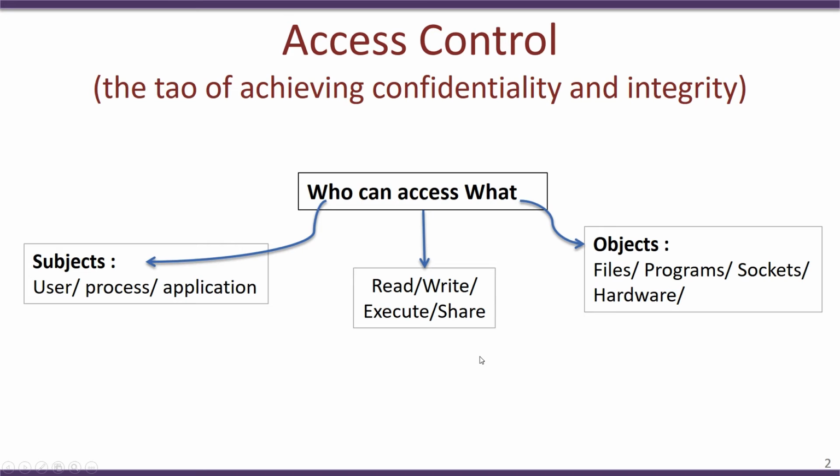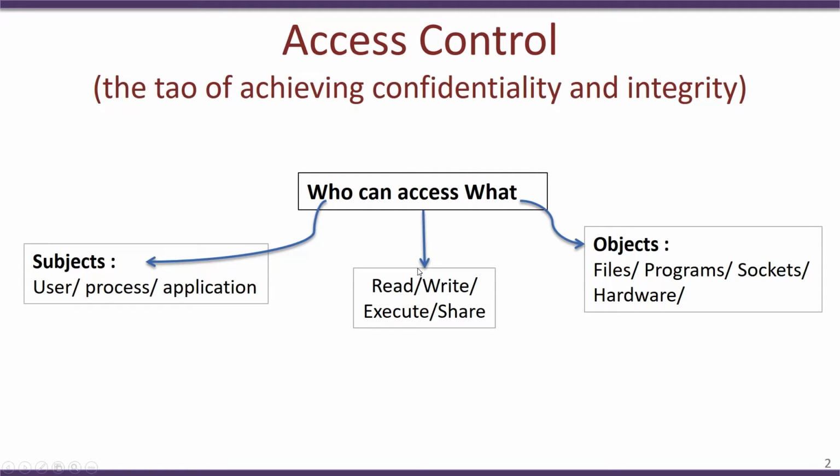At a very high level, access control defines who can access what. The who over here are the subjects and the what are the objects. Access is defined as the various operations that these subjects can perform on these objects. For example, subjects can be a user, a process, or an application, while objects can be files, programs, sockets, or hardware.